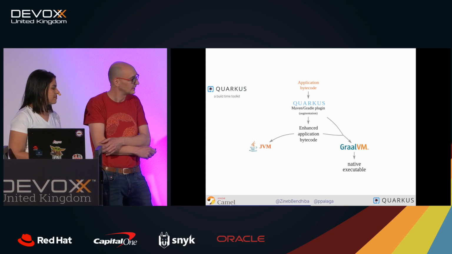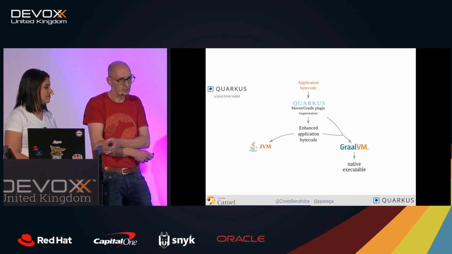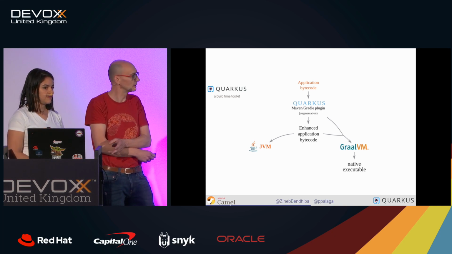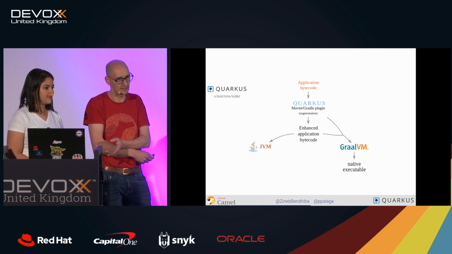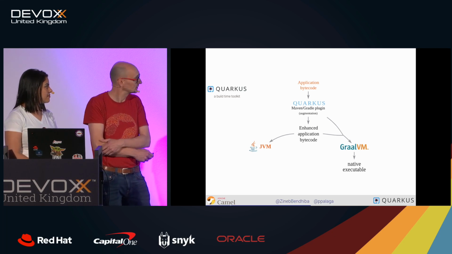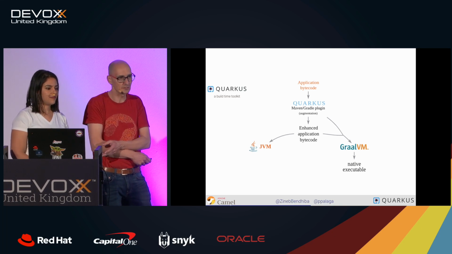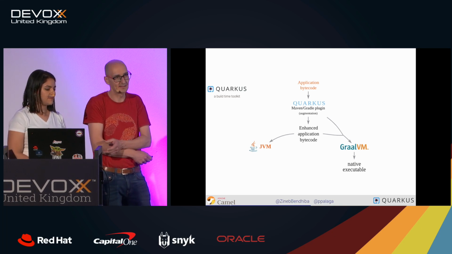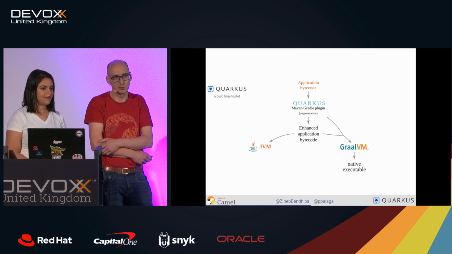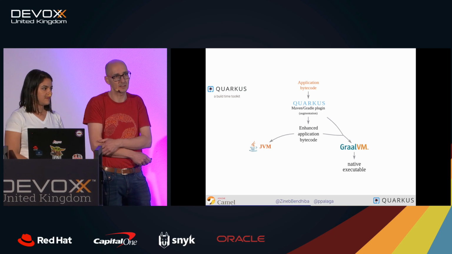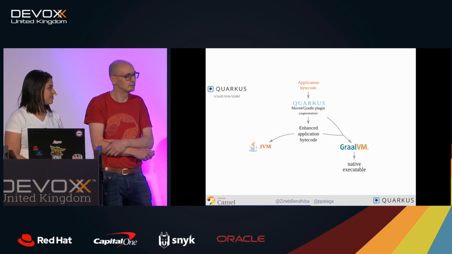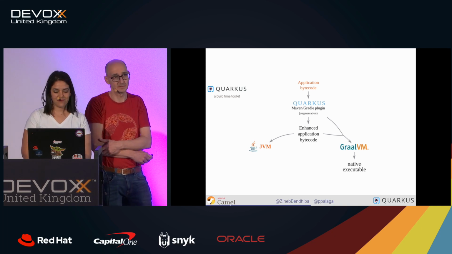This one is fast to compile and a little bit slower to boot at runtime. But this one is much slower to compile, because native compilation with GraalVM takes minutes for simple applications, but it's super fast to boot in production, right? So as long as you are developing, you go this way, and when you are done, then you compile to native, okay?